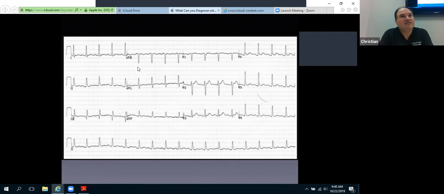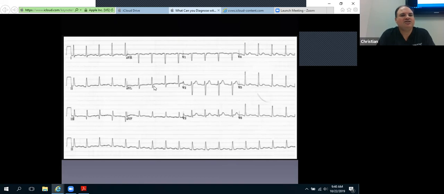AVR is negative because we're looking from the perspective of the right arm. AVL is mostly positive because our right arm is now being included as a negative, right? So the right arm and the left leg are both being used as negatives, so we're seeing that mostly positive there.